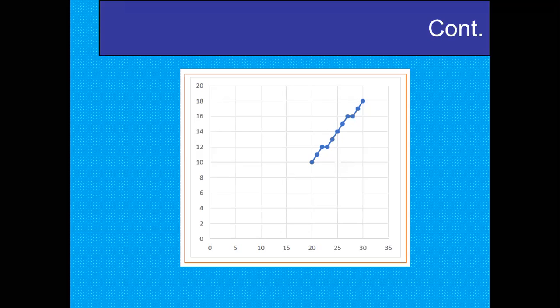So we will use the Bresenham algorithm, the symmetrical DDA, and the simple DDA. With the simple DDA and symmetrical DDA, we can also draw the straight line. But out of these three algorithms, the Bresenham algorithm is the best, because in this case there is no repetition of points again and again.